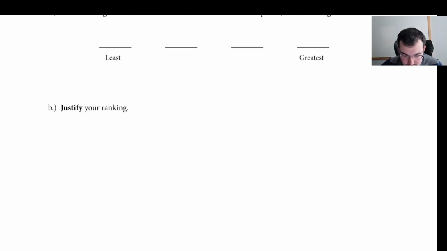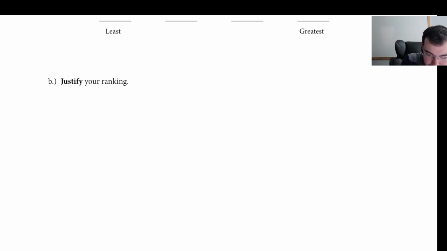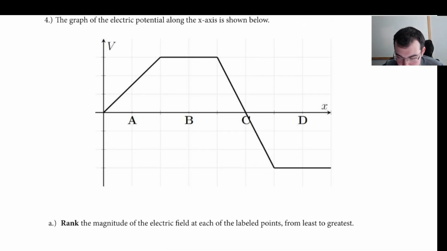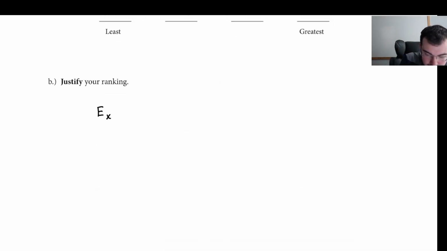And in this case, we know our relationship is E is what we're ranking, and this is an x. So E in the x direction is equal to the negative downhill slope of the potential. So this is the negative of the slope.